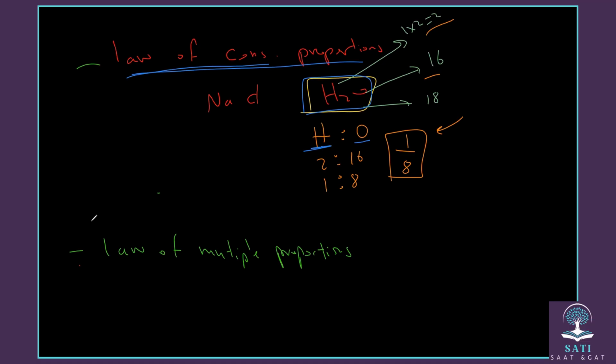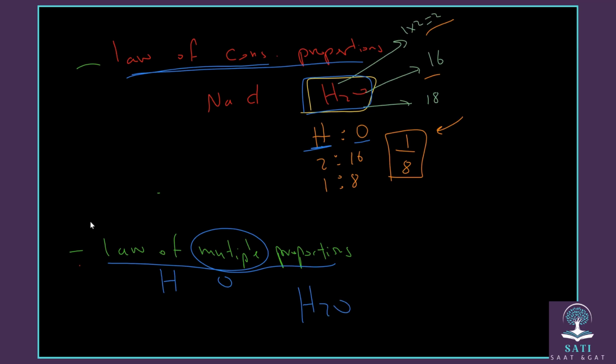Okay, what is the law of multiple proportions? Here we're going to deal with oxygen and hydrogen as well. If I have hydrogen and oxygen, they can make H2O. This is a compound.